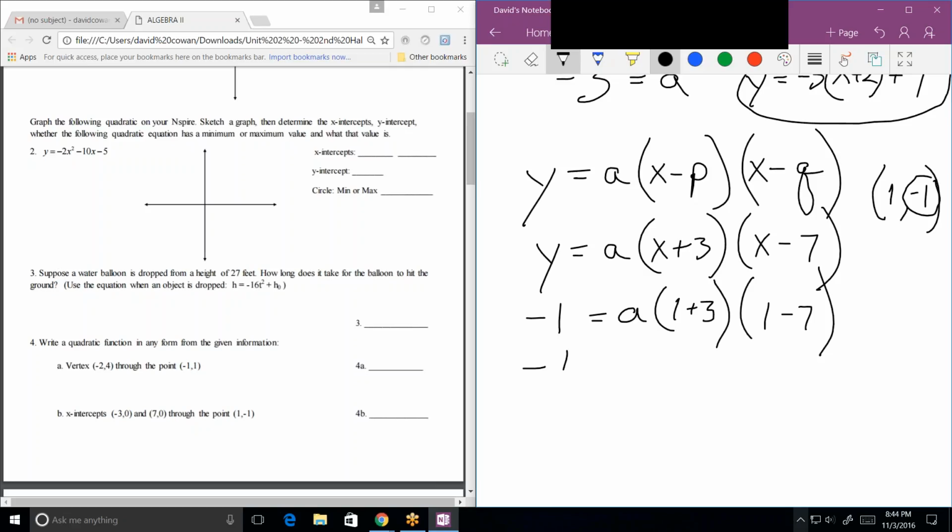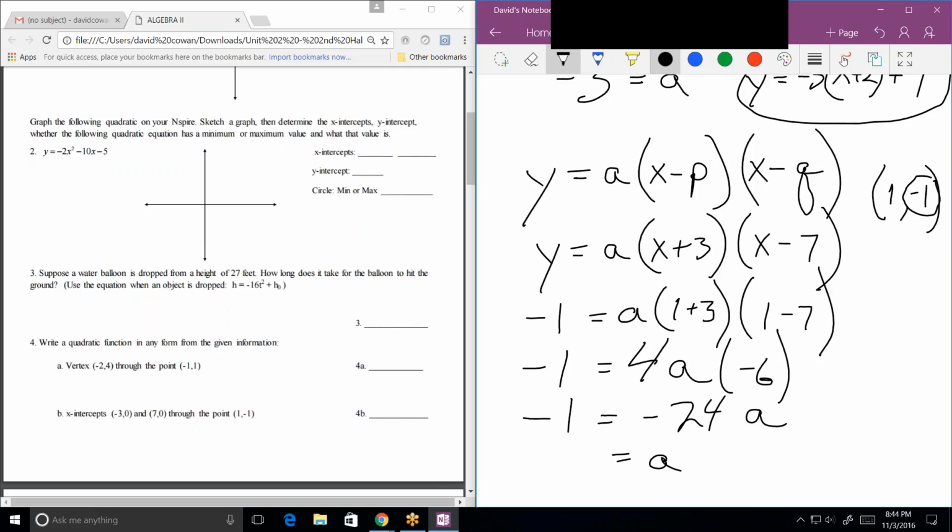Okay, so I got -1 equals 4a times -6. Now I got -1 equals -24a. So I got a equals positive 1 divided by 24.